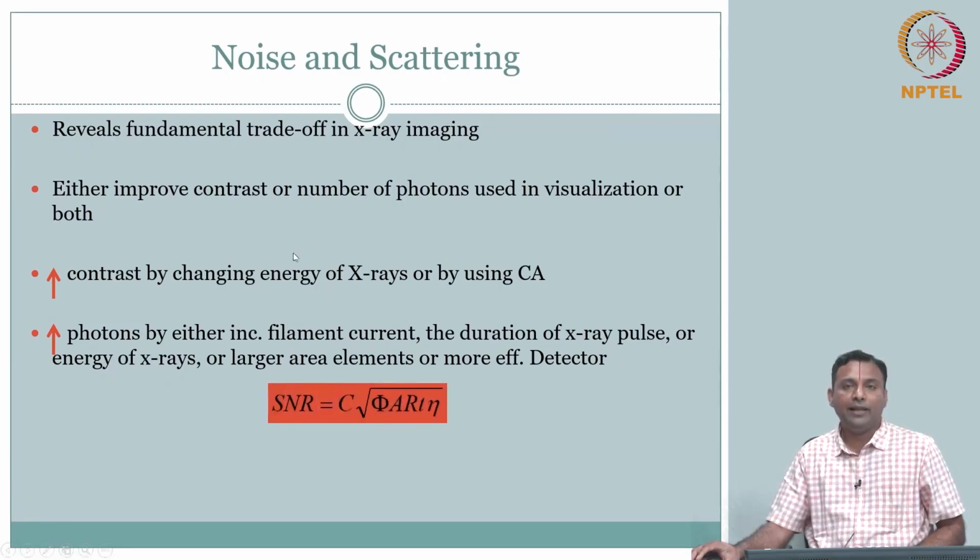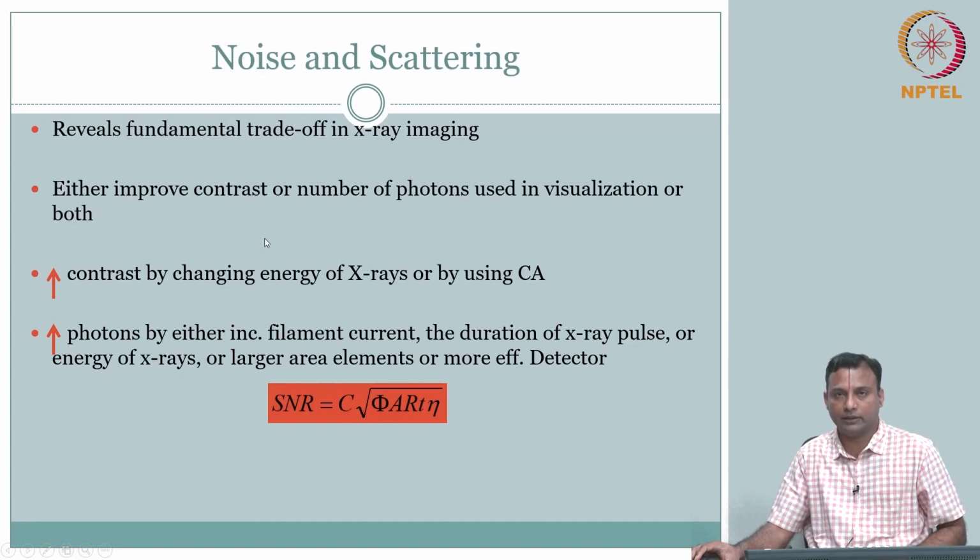So the idea is our signal to noise ratio is contrast over noise, we identify the noise, right, the number of photons NB, square root of NB, right. The number of photons can be determined by any of these factors. So instead of writing it as NB, we have written it in terms of all the factors that contribute to NB, right.